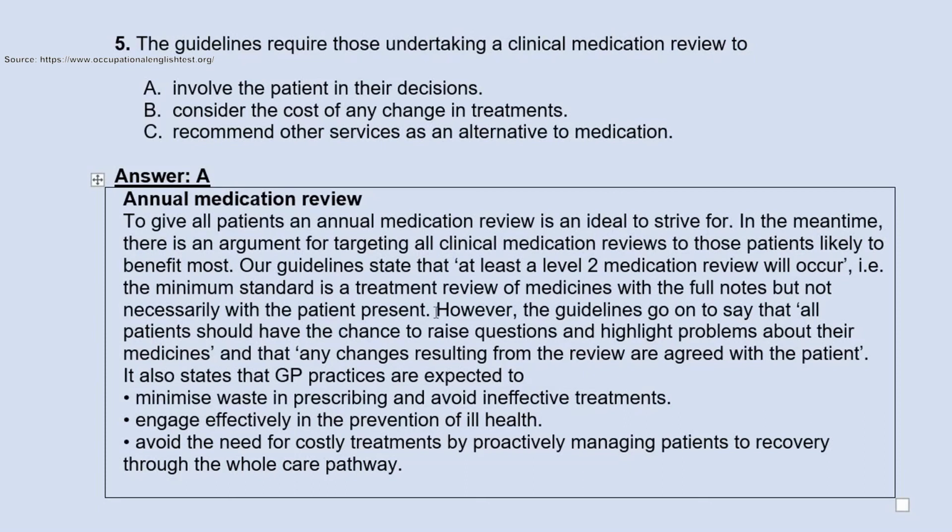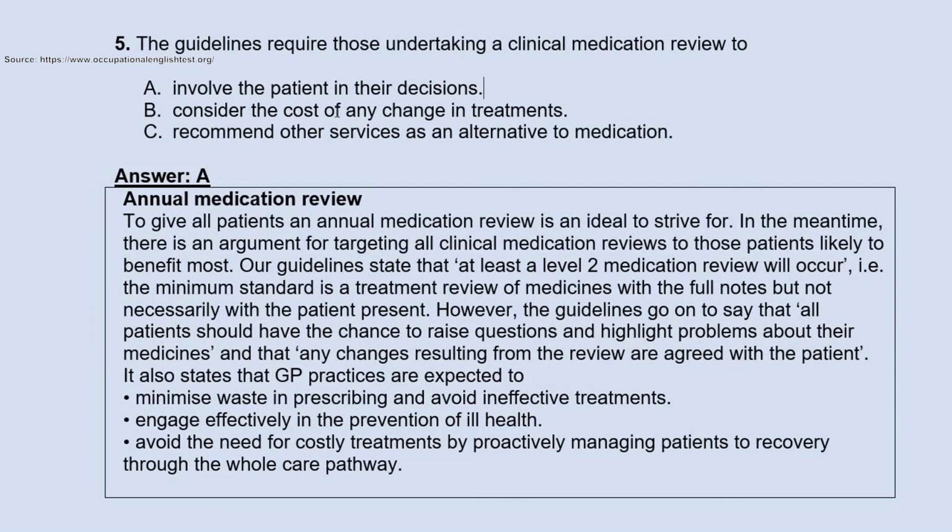When we read further, you can find, however, the guidelines go on to say that all patients should have the chance to raise questions and highlight problems about their medicines, and that any changes resulting from the review are agreed with the patient. Which means the guidelines say patients also should be involved in their decisions. So that's why option A is the right answer.